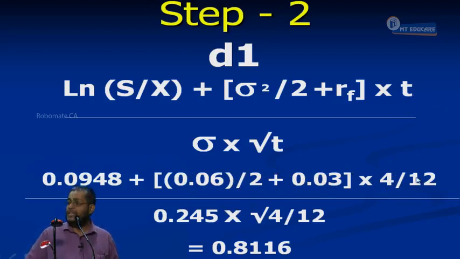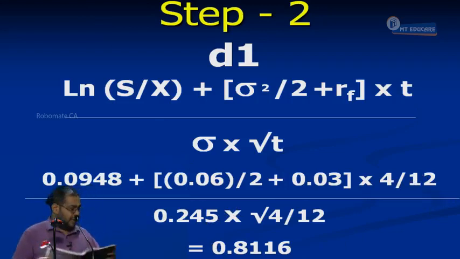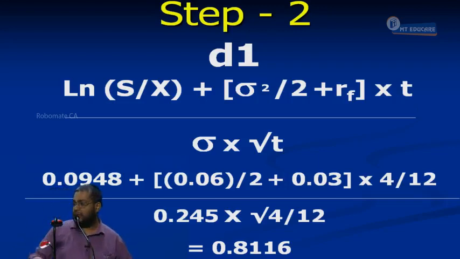Years. How many years? 4 by 12 years, into 4 by 12, whole divided by 0.245. Can you tell me how I got 0.245? It is the square root of 0.06. That number 0.245 into the square root of 4 by 12. What is D1?